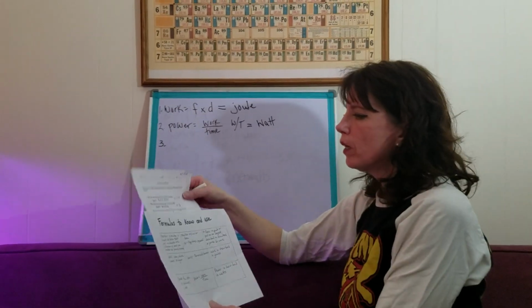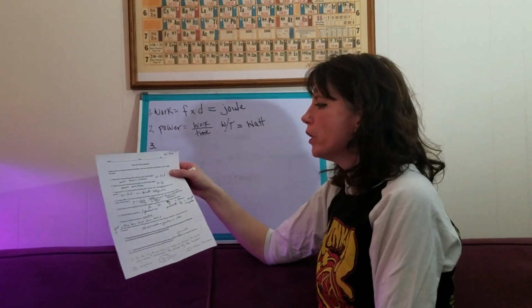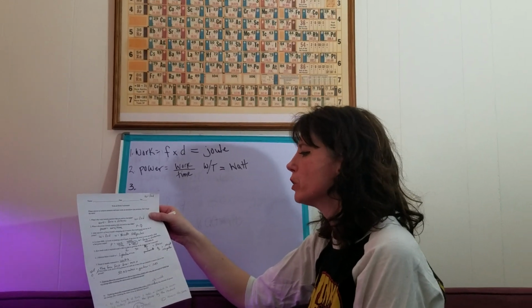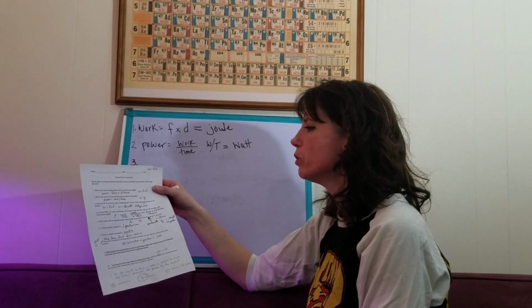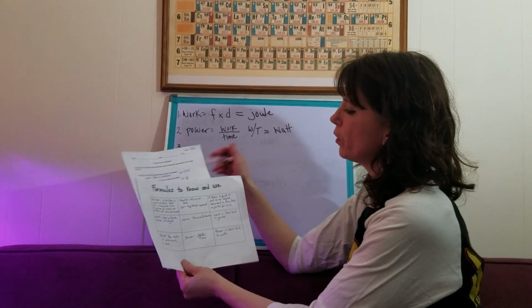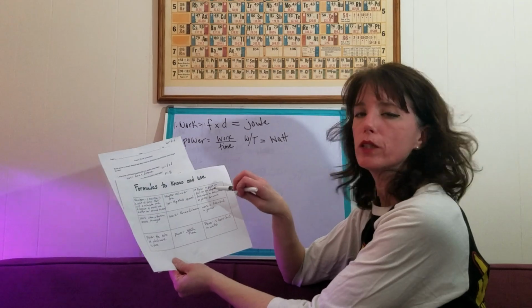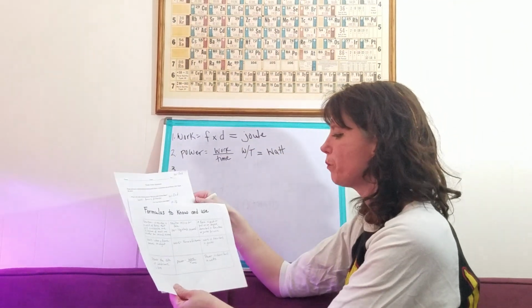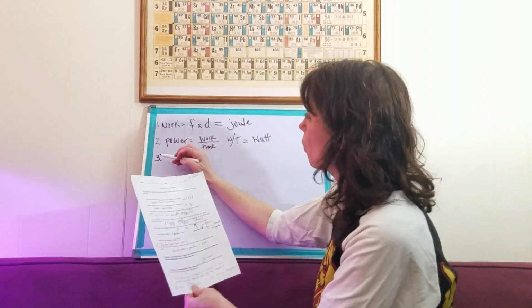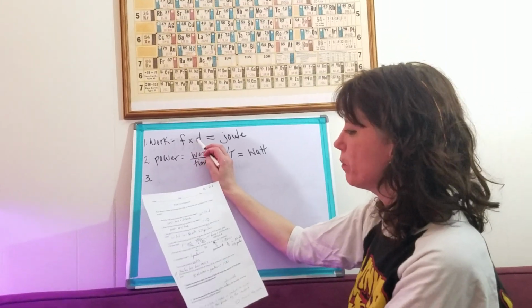Okay. Number three. John uses 50 newtons of force to push a shopping cart 10 meters. How much work does he do in joules? So they want to know joules. And we can remember that a newton is very closely related with a force. So all we need to do is find out work equals force times distance.